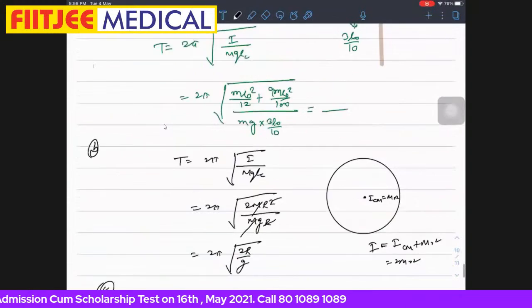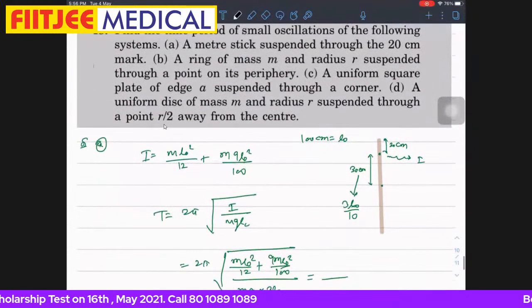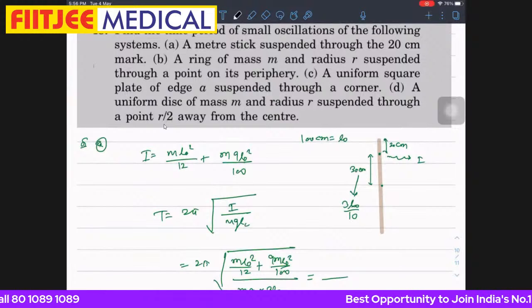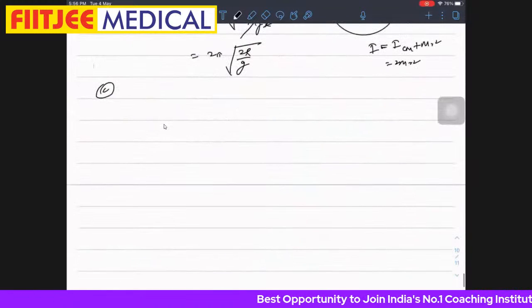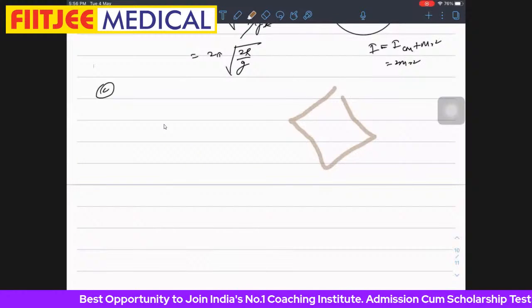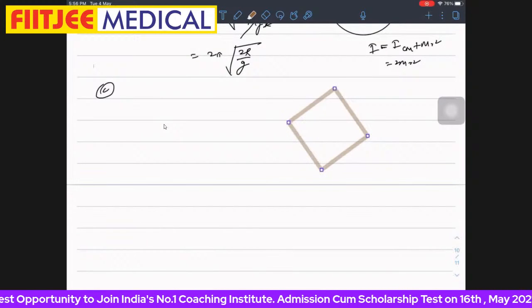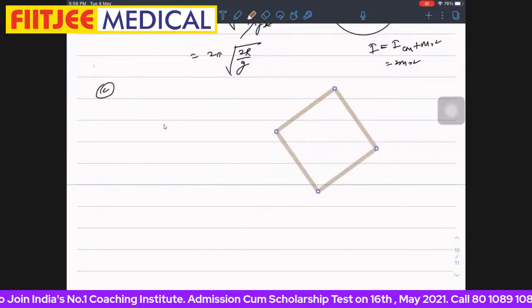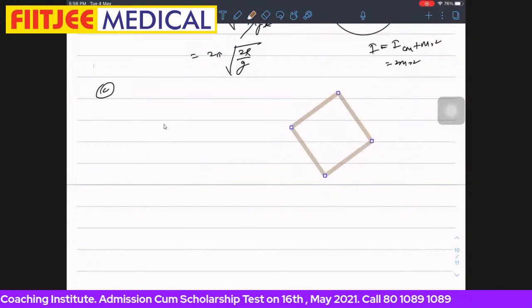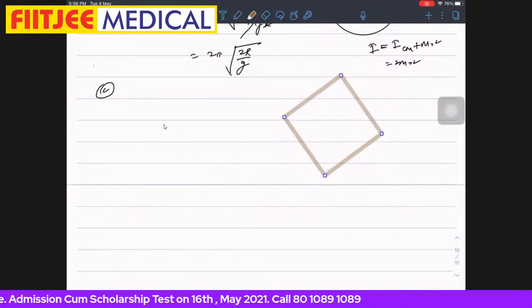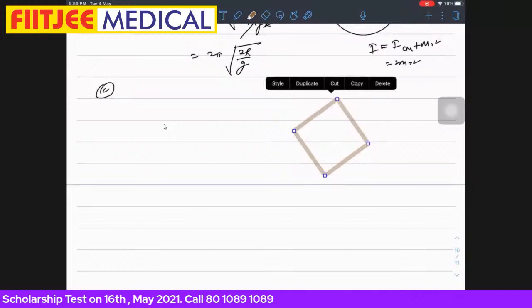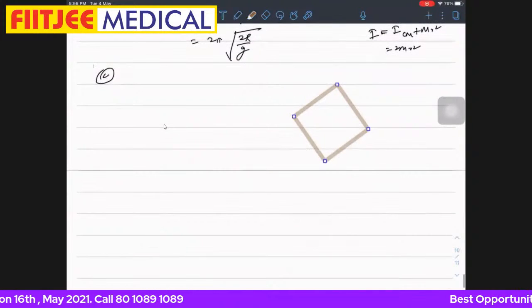For option C, we have a uniform square plate of edge a suspended through a corner. A square plate is there, suspended through the corner.